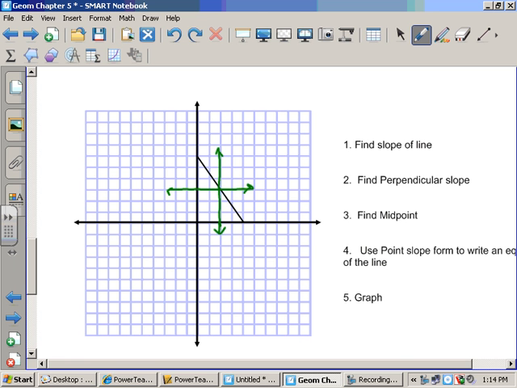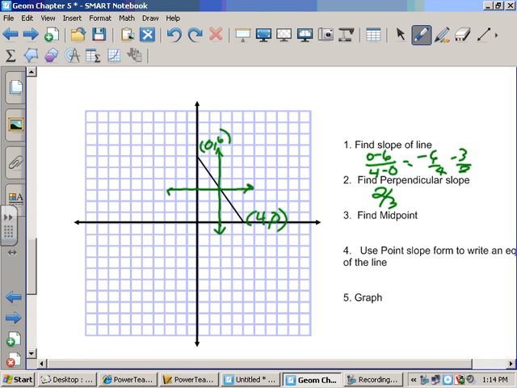So this is my another perpendicular bisector. And then the third one, I got to find the slope of this line, which is at 0, 1, 2, 3, 4, 5, 6, and 1, 2, 3, 4, 0. So to find the slope, I would do 0 minus 6 over 4 minus 0, which is negative 6 over 4, or negative 3 halves. So the perpendicular slope would be positive 2/3.